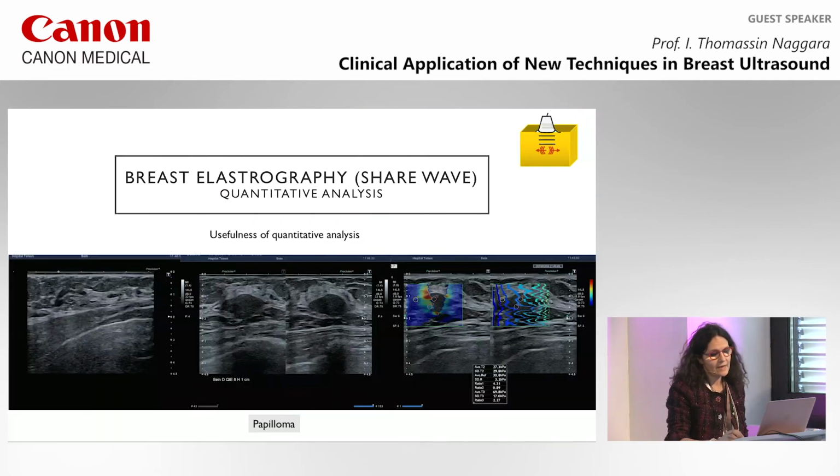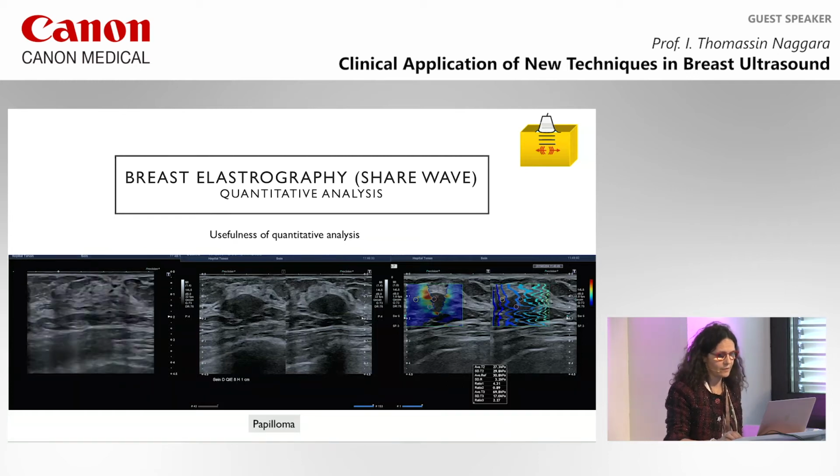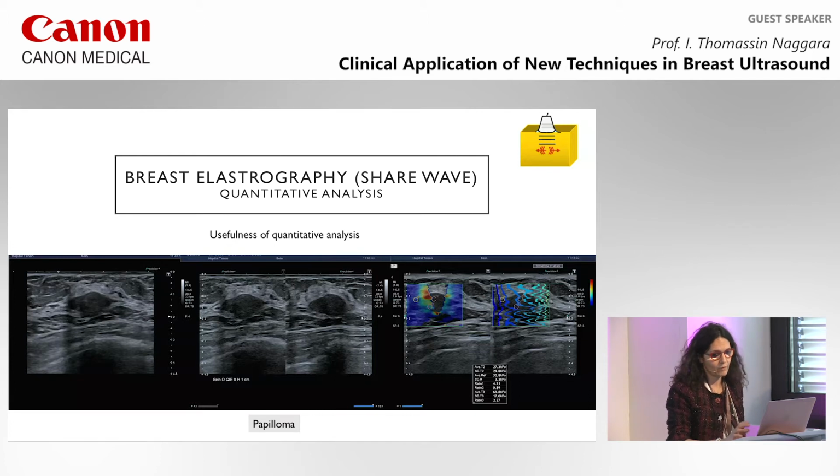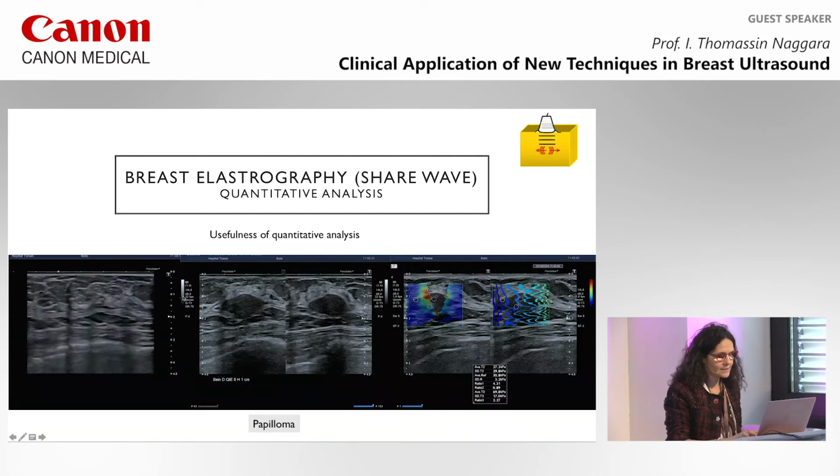So I think it's interesting to also use quantitative analysis for elastography, because sometimes you can have some artifacts in the description of waves, and it's more robust for the analysis of shear waves. So in this example, the patient has a mass here.